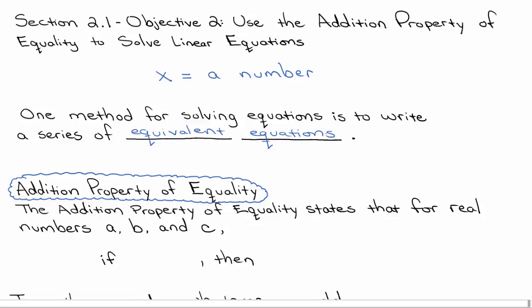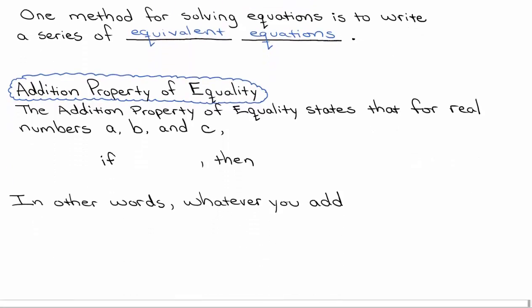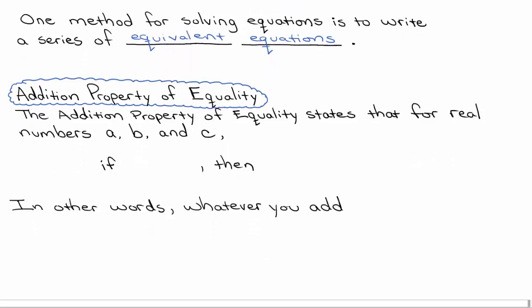One way we can do that is by using the addition property of equality. The addition property of equality basically allows us to add the same number to both sides of an equation. The property states that for real numbers a, b, and c, if a is equal to b, then a plus c is equal to b plus c.